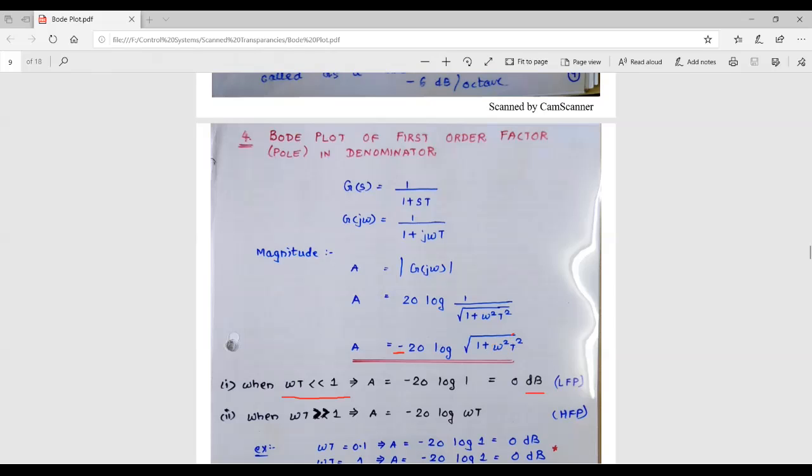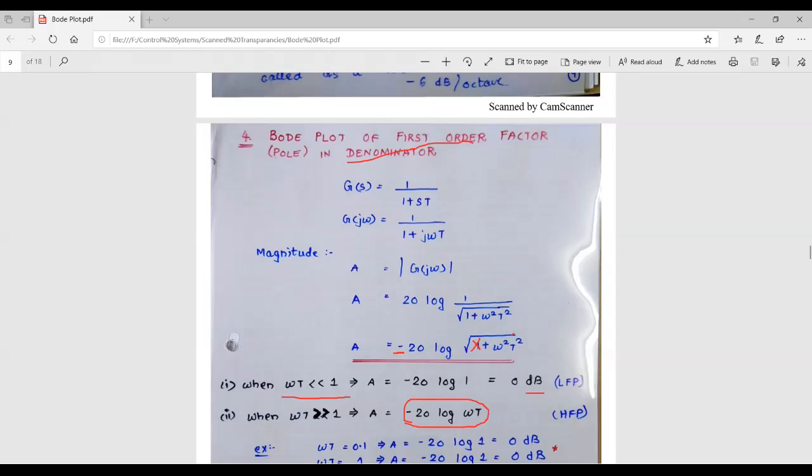So if omega T is greater than 1, omega square T square will certainly be too large compared to 1. In that case, you can neglect 1 and you will get under root of omega square T square, which is nothing but omega T. So minus 20 log of omega T. This is the formula that we will use for first order factor in the denominator.